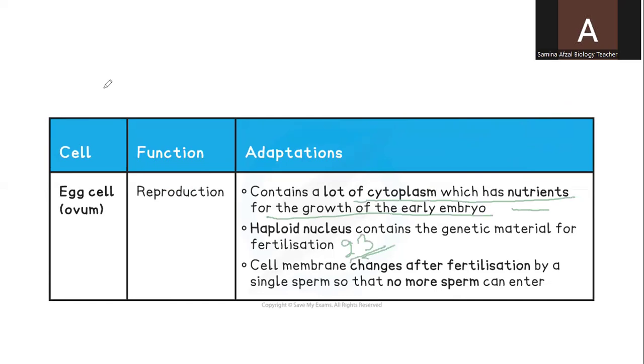A very important adaptation is that the cell membrane is changed after fertilization by a single sperm so that no more sperm can enter. It means only one sperm can fertilize the egg and only one sperm is allowed to enter. So changes take place in the cell membrane when a sperm enters into the egg.